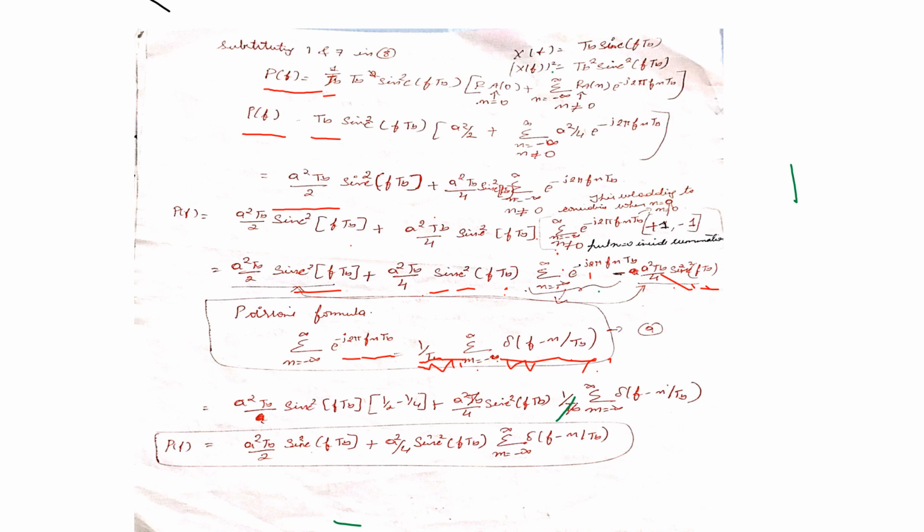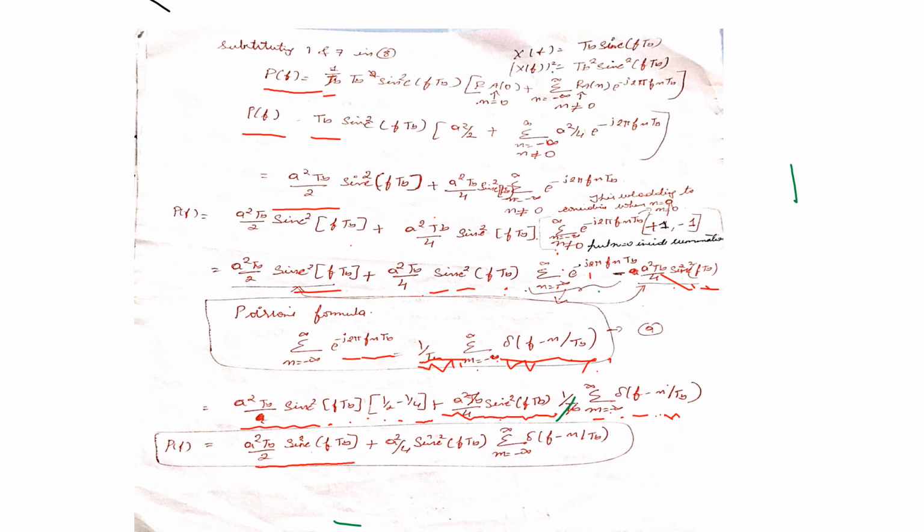So now with the help of the delta function, A squared by T_b sinc squared f T_b, 1 by 2 minus 1 by 4 A squared, sinc squared of f T_b, 1 by T_b summation of m equal to minus infinity to plus infinity of delta of f minus m by T_b. So now we got this term, A squared T_b by 2 sinc squared f T_b plus A squared sinc squared f T_b and the delta function.